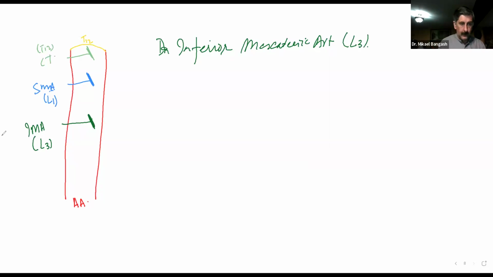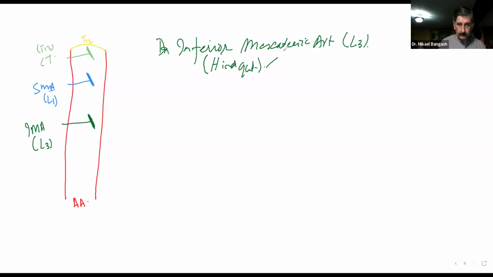Okay. And roughly speaking, guys, what this artery will be responsible for supplying was what we call the midgut. Sorry, guys, I'm mixing up the mid with the hind. It's going to be the hindgut.